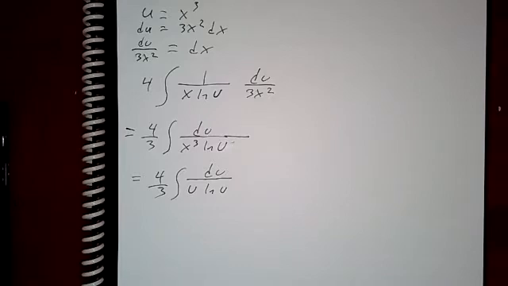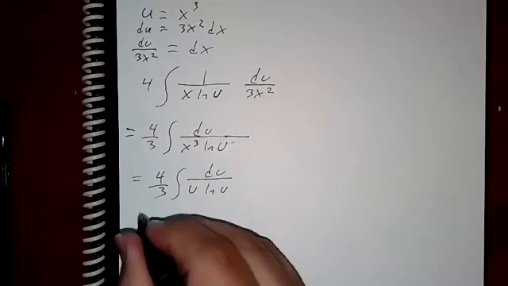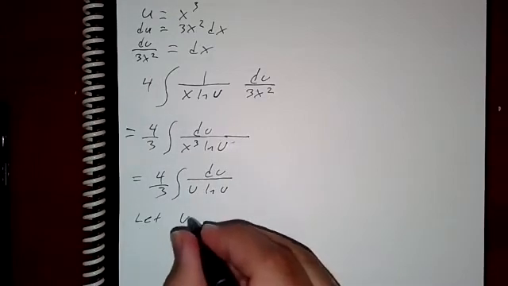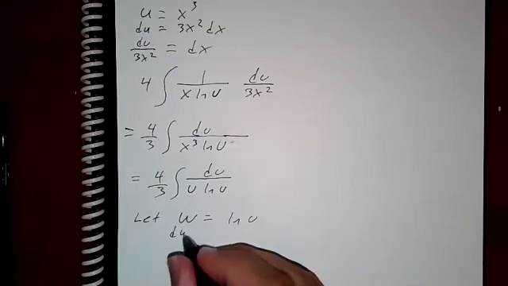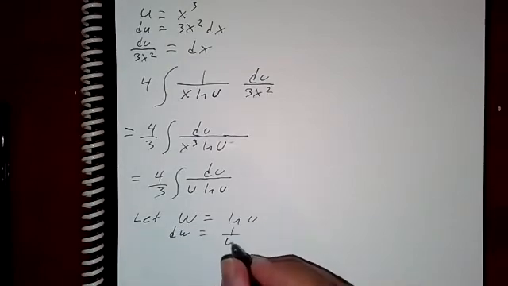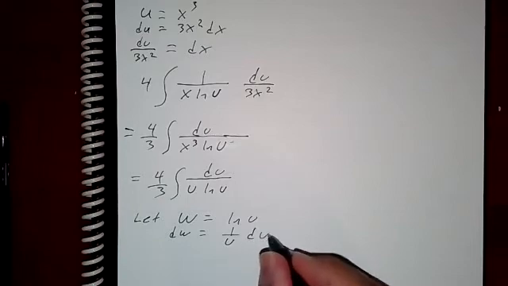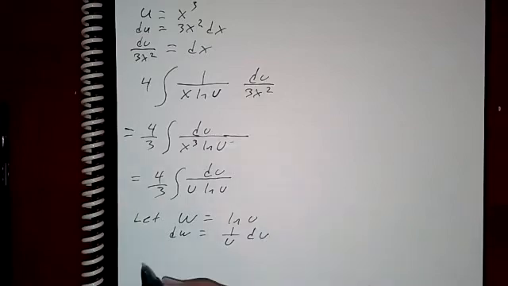So I use substitution and I simplify the problem, but I still cannot integrate. So I need to do another substitution. Let w equal ln u. dw will be 1 over u du, right?